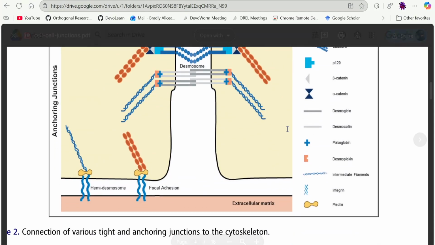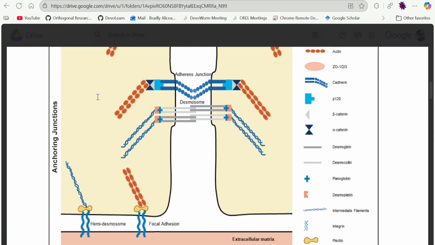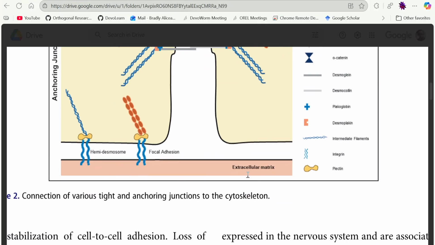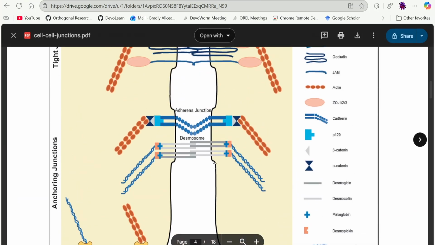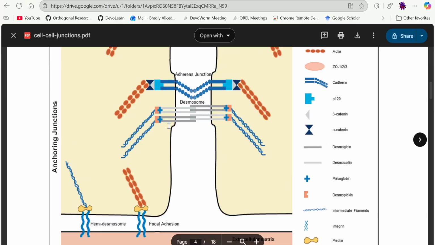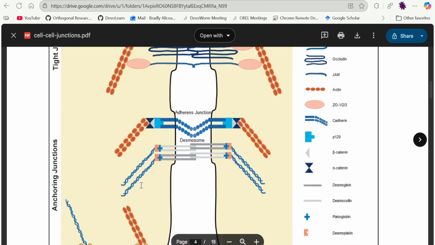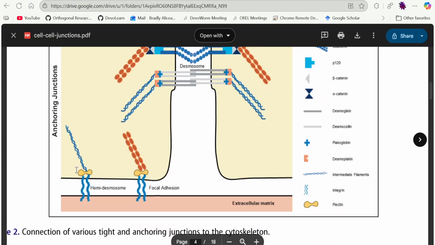Okay, yeah. So this is the two cells, the yellow, and then the extracellular matrix is down here in the pink. And so when it's connecting to the extracellular matrix, you have the hemidesmosome and the focal adhesion. The focal adhesion being mediated by actin, and the hemidesmosome is mediated by cadherins. So that's where we have that.